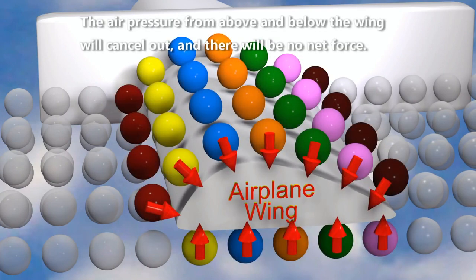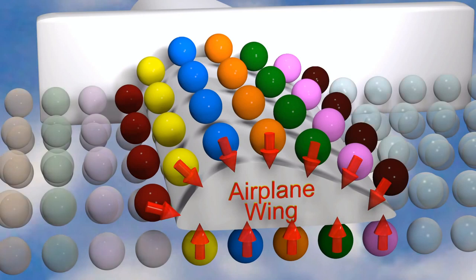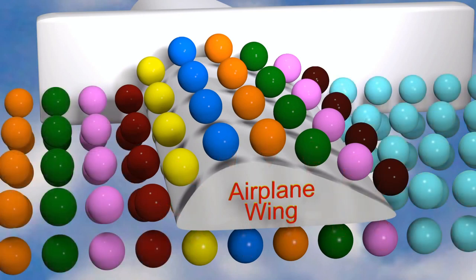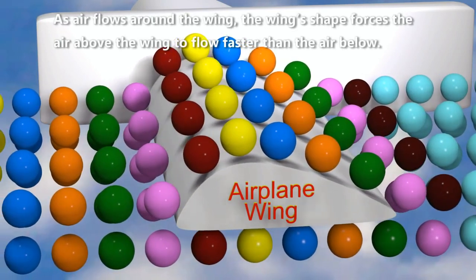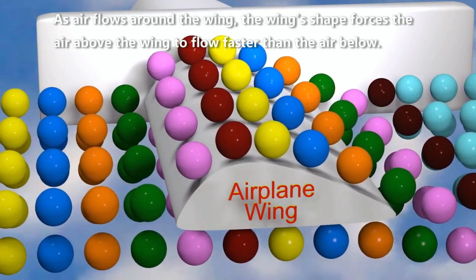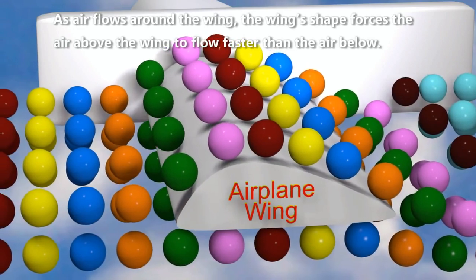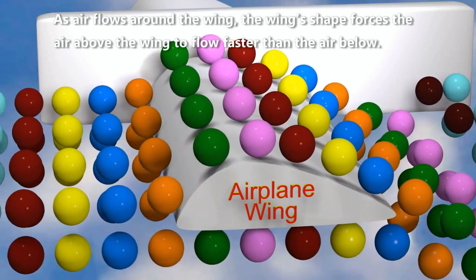The air pressure from above and below the wing will cancel out, and there will be no net force. As air flows around the wing, the wing's shape forces the air above the wing to flow faster than the air below.